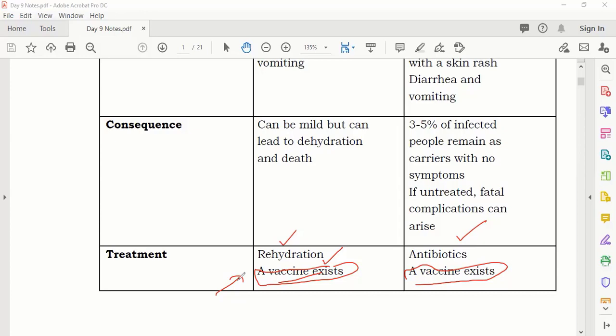These vaccines are given to people at an early age in childhood, and they will save people from these diseases. But even after vaccination, if you are getting sick, for that they have medicine in the form of antibiotics, or in the form of oral solutions in cholera, to overcome the deficiency of water.